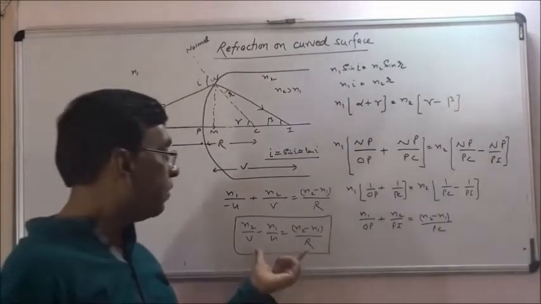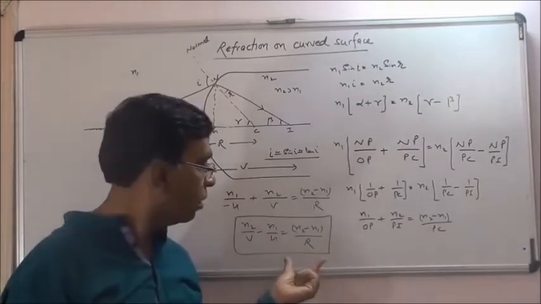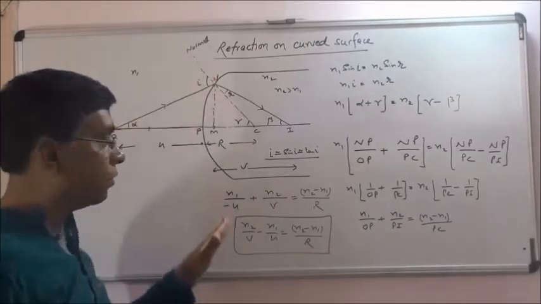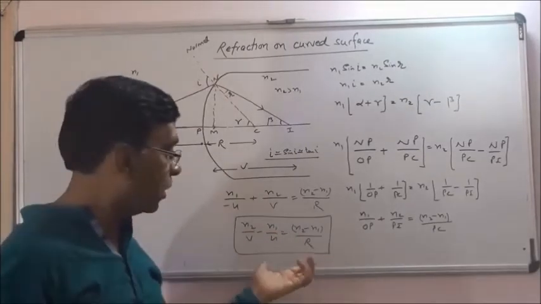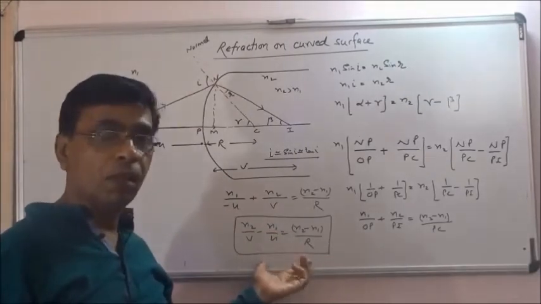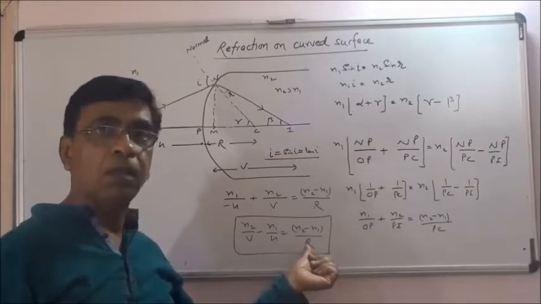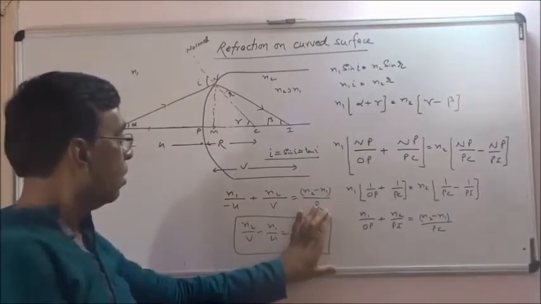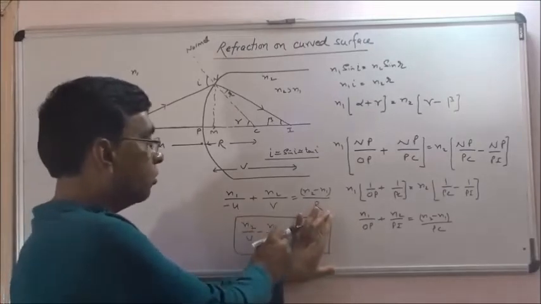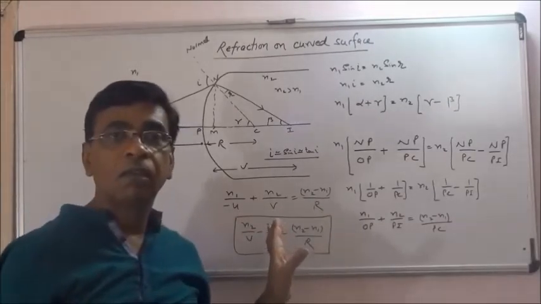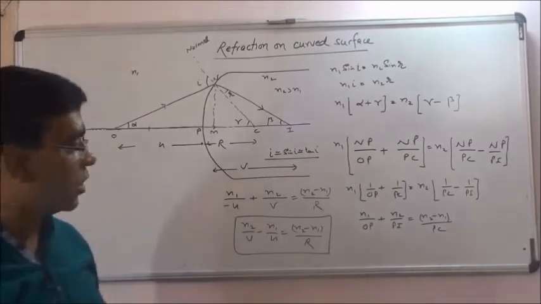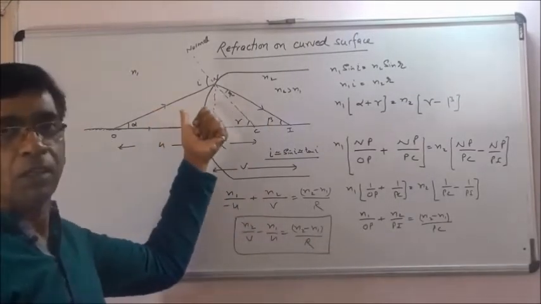So if I want an expression relating U and V for plane surface, what should I do here? Replace R by infinity. So this will be 0 and N2 by V is equal to N1. We will get real depth and apparent depth relationship in terms of N1 and N2.